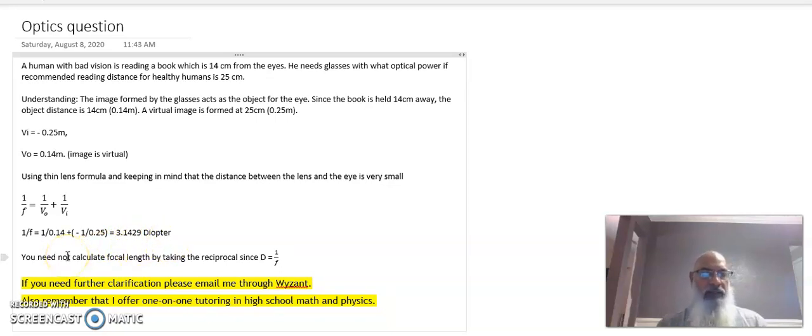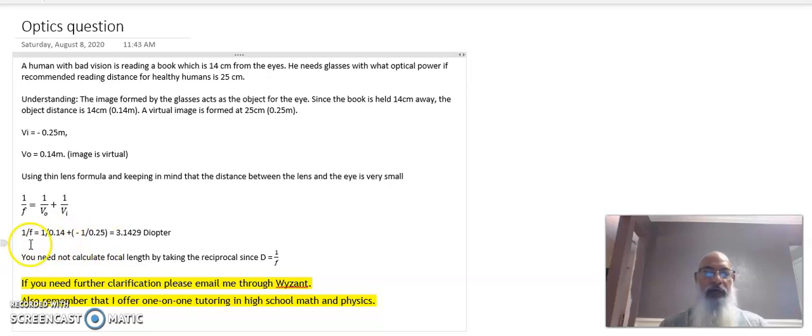Okay, something that needs to be clarified. A diopter, or the power of a lens, is the reciprocal of the focal length. According to this formula, we first find the reciprocal of the focal length, and then if you need the focal length, you take 1 over f, and that gives you f.